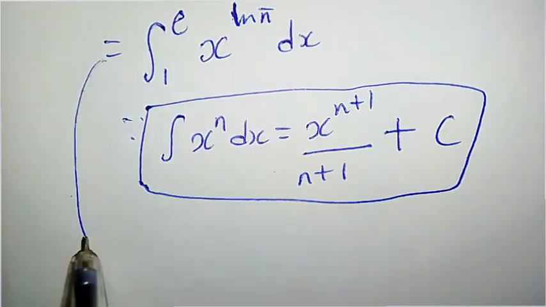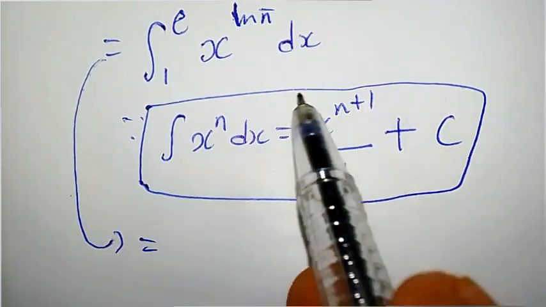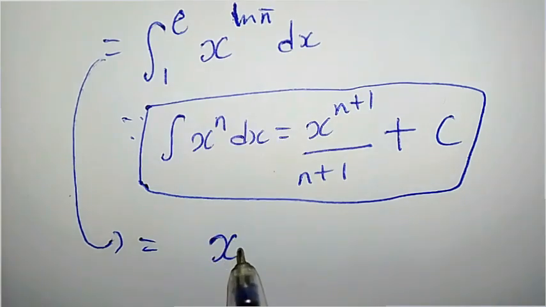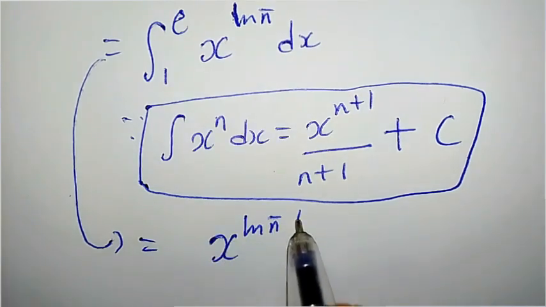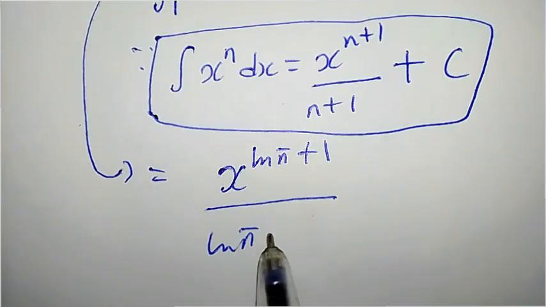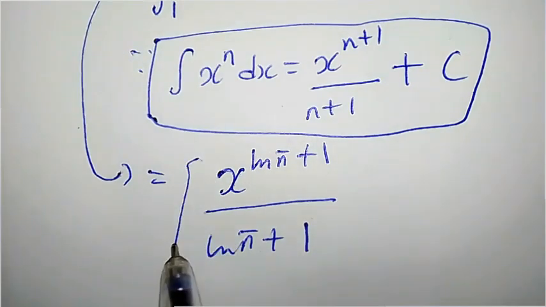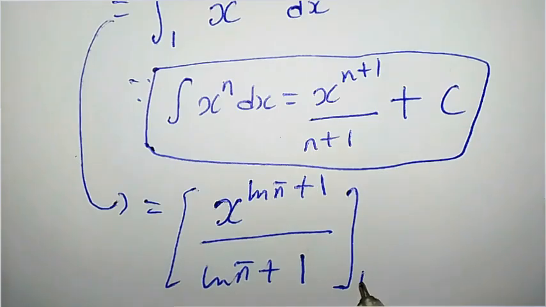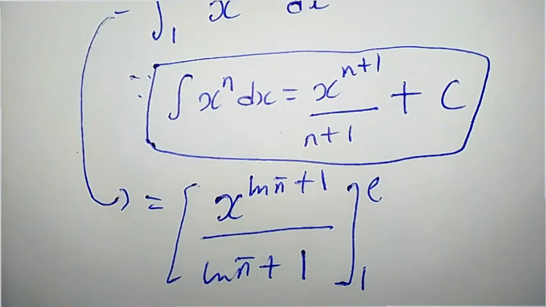From this line, applying this property, we're going to have x to the power of ln pi plus 1 over ln pi plus 1, evaluating from 1 to e. Let's proceed further.